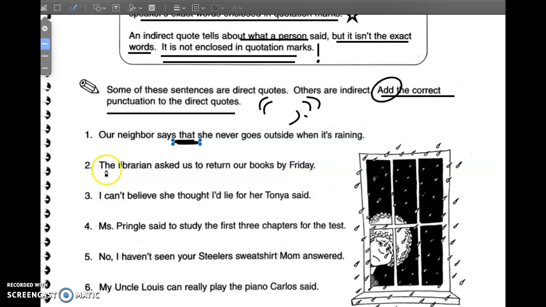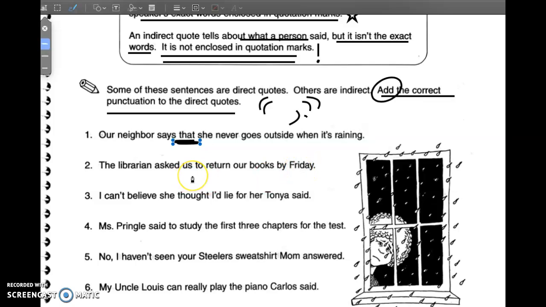Number 2, the librarian asked us to return our books by Friday. Ooh, in this case, we do not see the word that. But we do see that it says the librarian asked us to return our books by Friday. Think about this: did the librarian say any of these words, "us to return our books by Friday"? Does that make sense for a librarian to say?